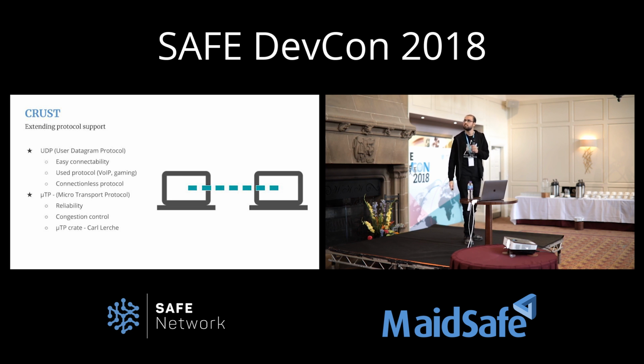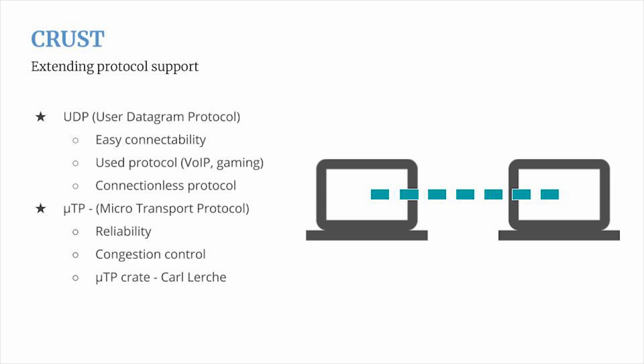Right, so the first point was extending protocol support, right? So if you know, Alpha 2 right now runs on TCP. So what's the problem with TCP? Well, TCP is great if you have a public-facing endpoint, in which case it's the default thing that you go for in a client-server model, right?